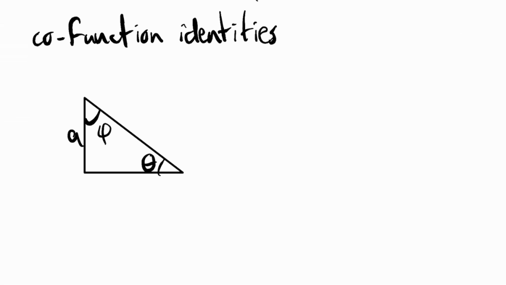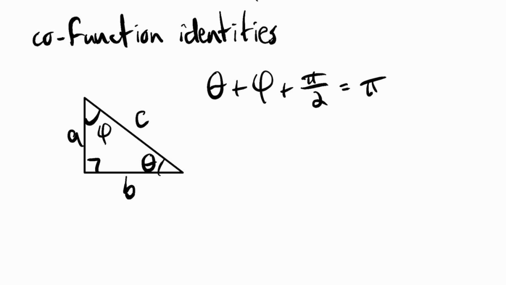And then I'll say this side is A, this side is B, and this side is C. Since this is a right triangle, if you add up all three angles, the right angle along with those two, you get pi, or 180 degrees. So if I subtract pi over 2, or 90 degrees, on both sides, that means that theta plus phi is pi over 2. Pi minus half of pi leaves you with half of pi. So these are complementary angles.